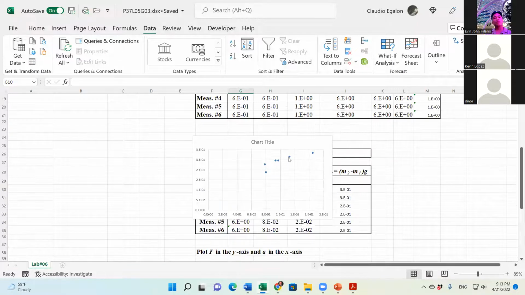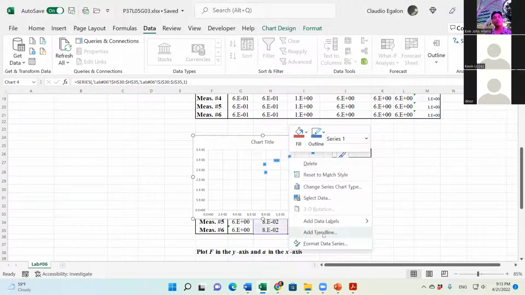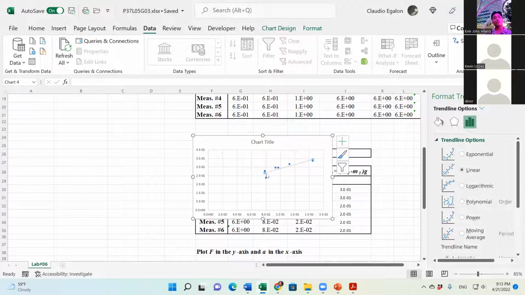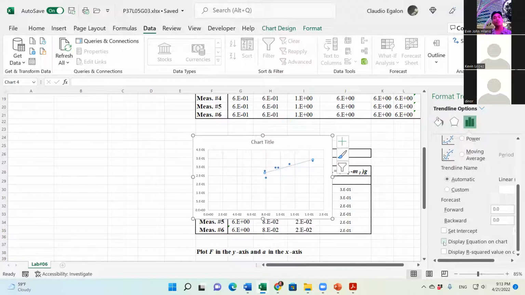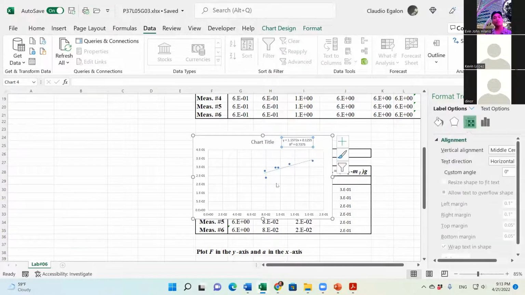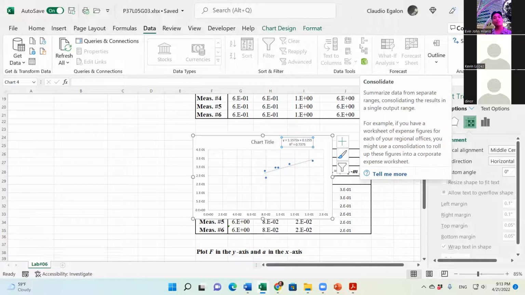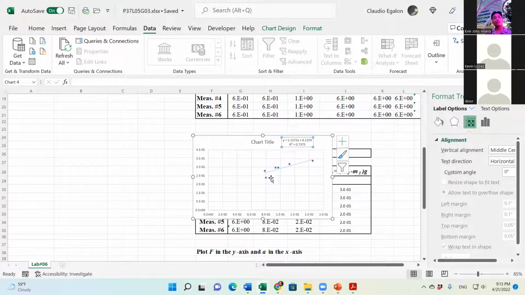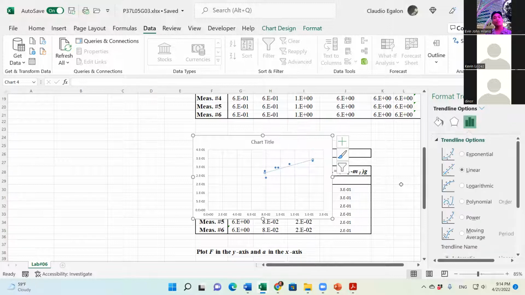It seems a little bit low, but I guess it's okay. It must be low because of this outlier. Yeah, that's right. It's low because of this outlier. If you were doing this experiment in my class, I'd ask you to repeat this point. So that's what you're supposed to get.